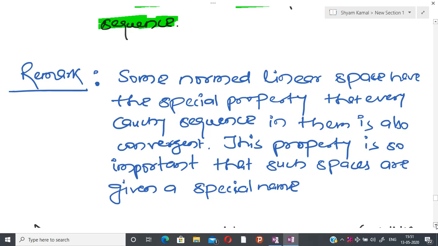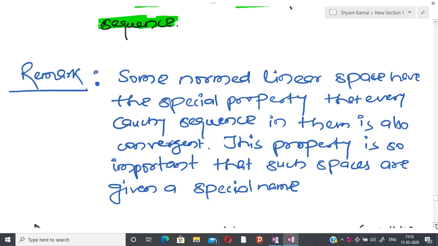What the above lemma shows is that if the elements of a sequence are getting closer and closer to a fixed point, then in this process they must also be getting closer and closer to each other. Due to that reason, we say that every convergent sequence is also a Cauchy sequence.